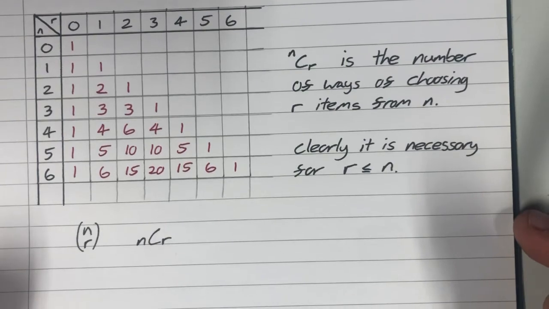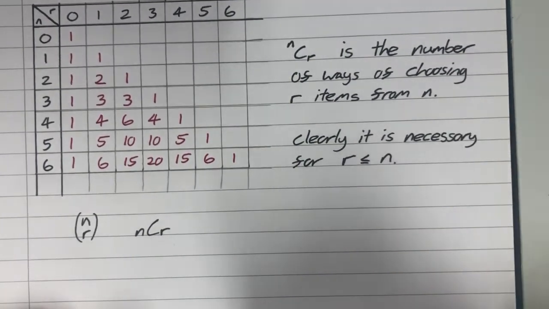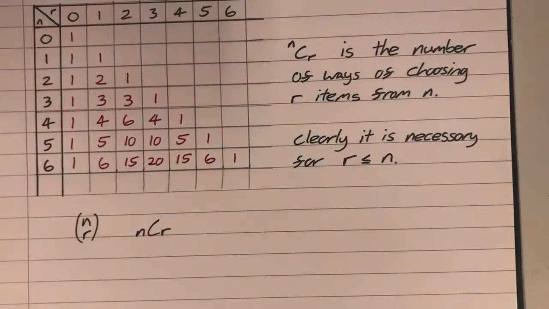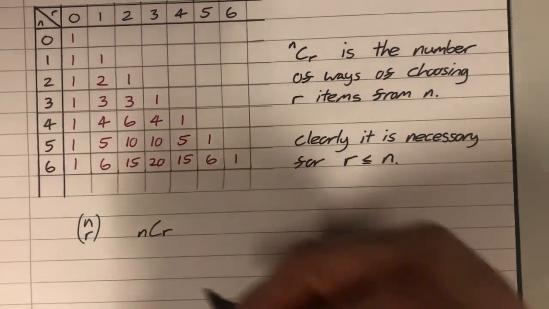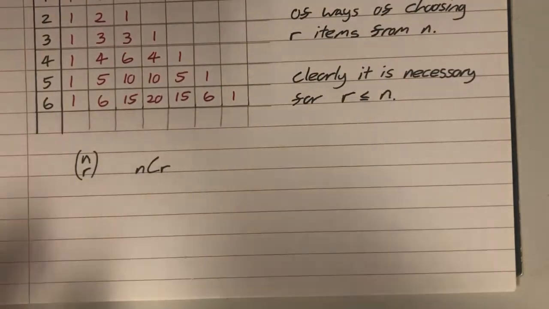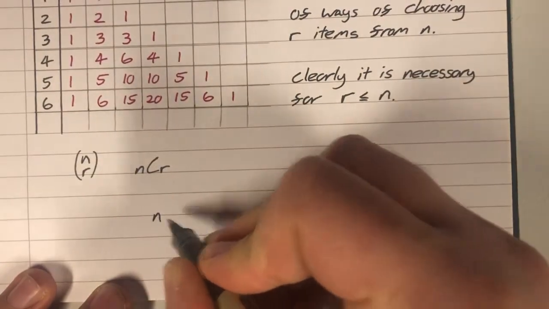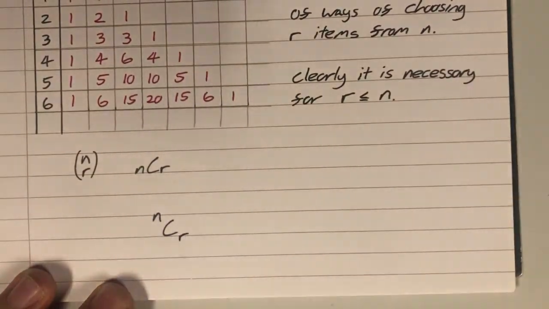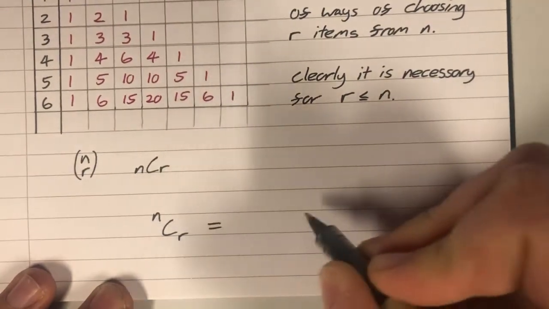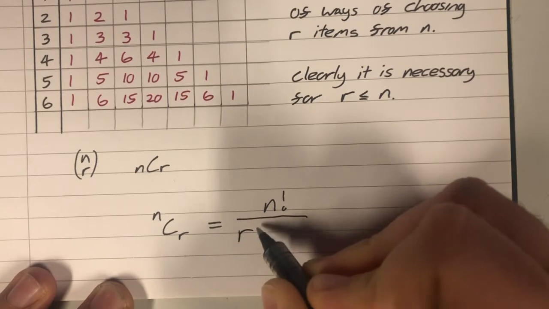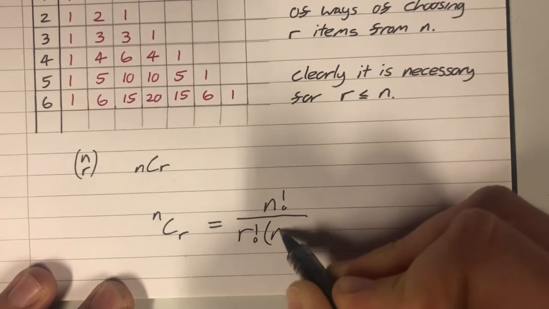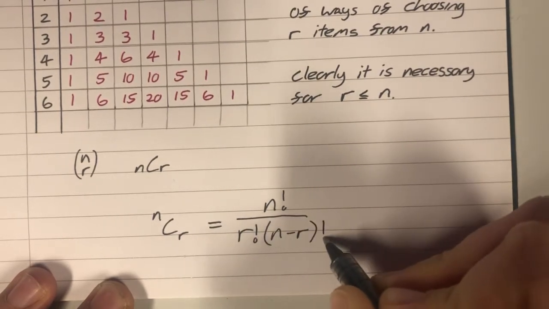But some good news for you. You do not need to draw Pascal's triangle out every time you want to calculate a binomial coefficient, because there is a formula that goes with it. And the formula contains factorials, which is why I needed to introduce factorials to you first. nCr is equal to n factorial divided by r factorial times n minus r factorial.